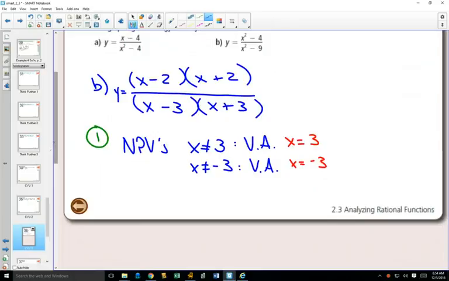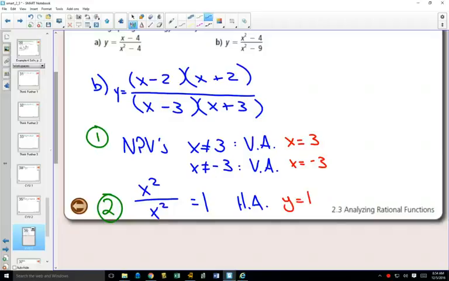Second thing that we look at is our other asymptotes. What is the highest power, highest degree in this whole fraction? An x squared. We have 1x squared on the top, 1x squared on the bottom. This simplifies to 1. That means that we will have a horizontal asymptote at y equals 1.